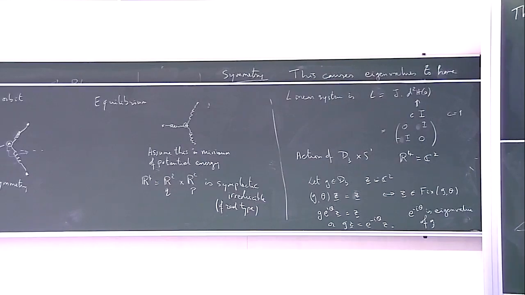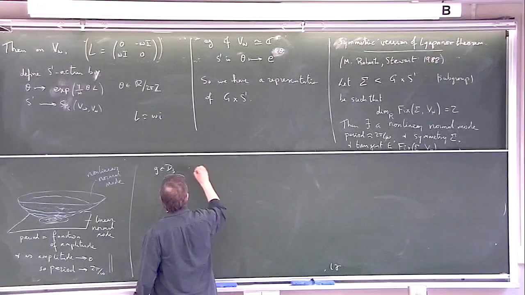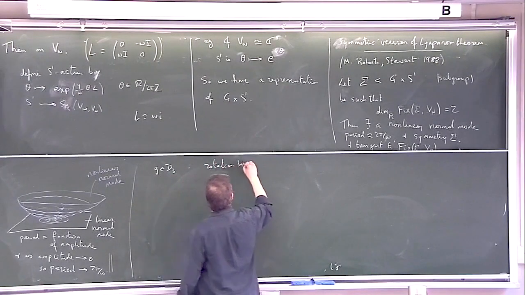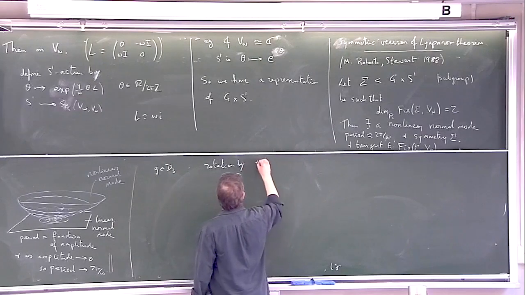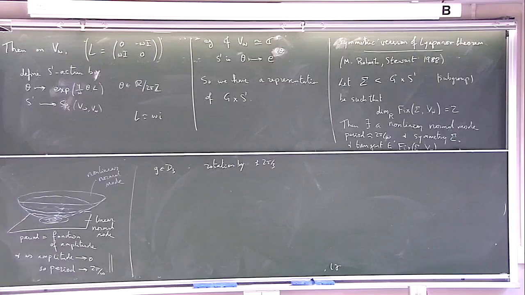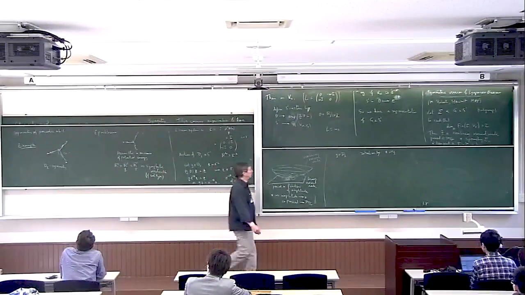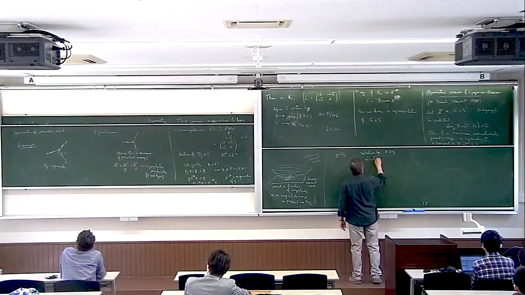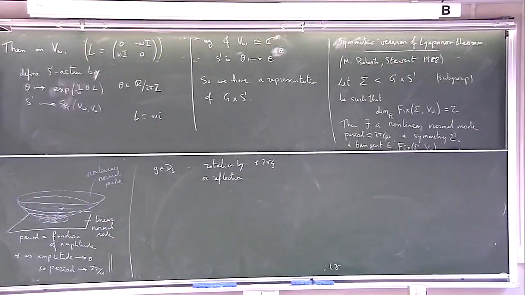So if we take elements of G and D3, it's either a rotation by plus or minus 2 pi over 3, that way or that way, or it's a reflection in one of the lines, like the horizontal line, reflection in that line, or that line.